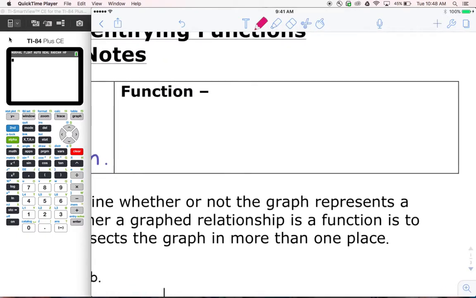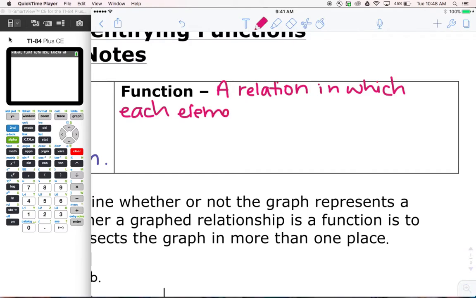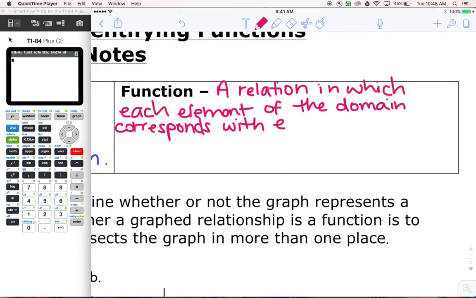A function is a relation in which each element of the domain, which we will also learn the meaning of that word, corresponds with exactly one element in the range.